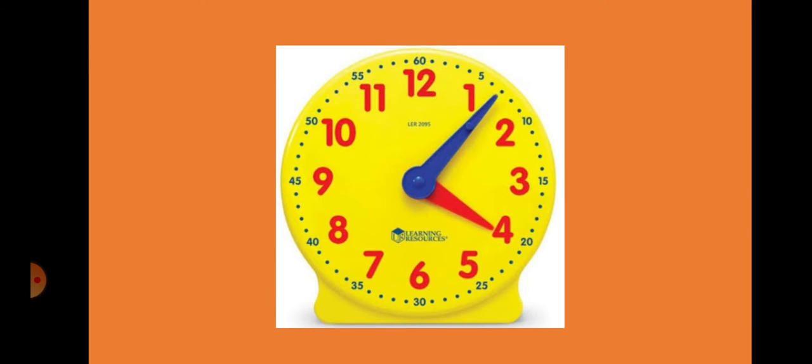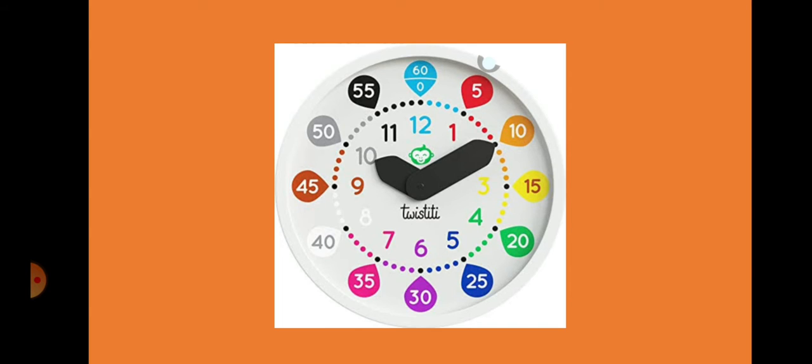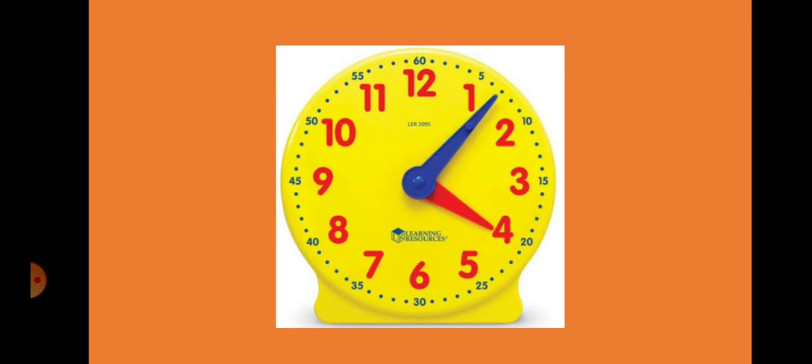Okay. So see here the same thing. See, when the hour hand is on 10, wherever the hour hand is, we'll count these inside numbers only. When you see the hour hand, if it is on 4, we will say that as 4 only.